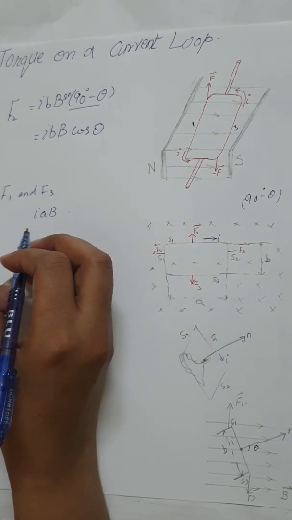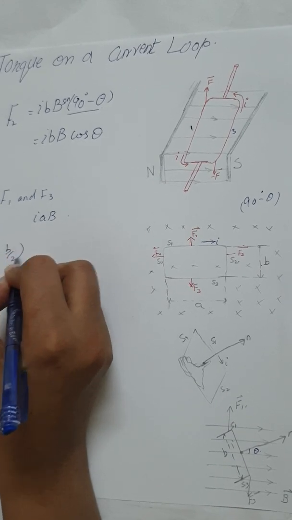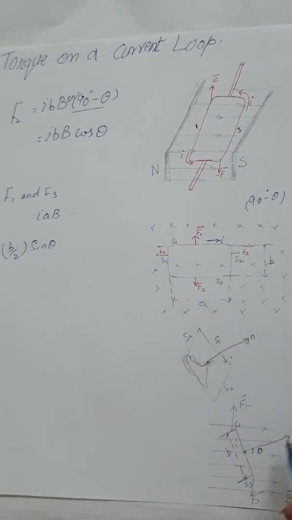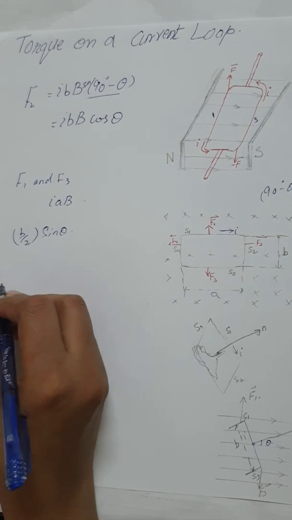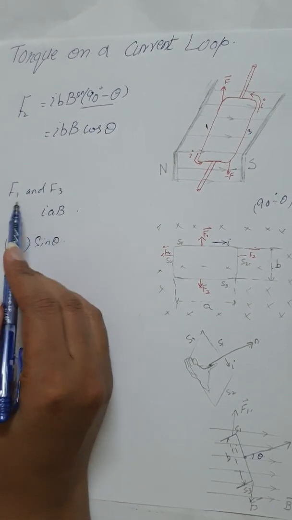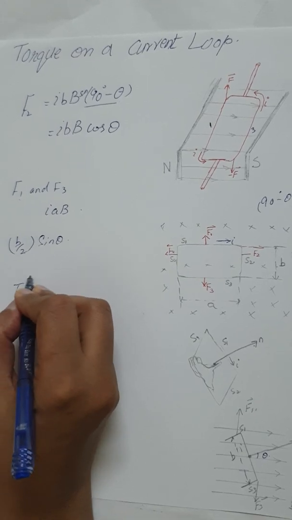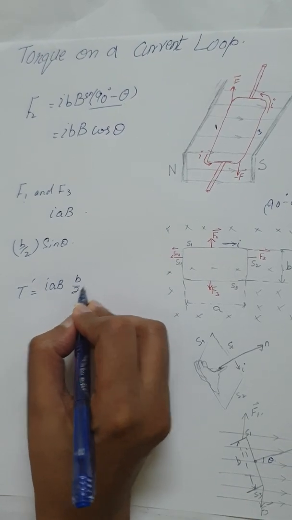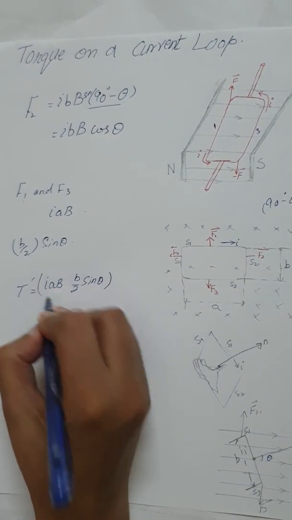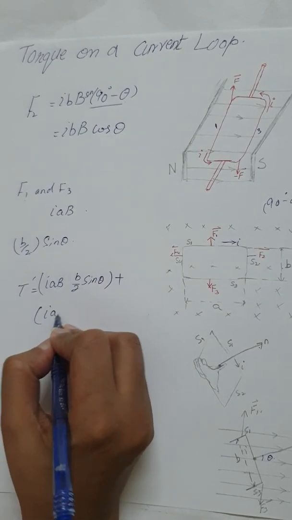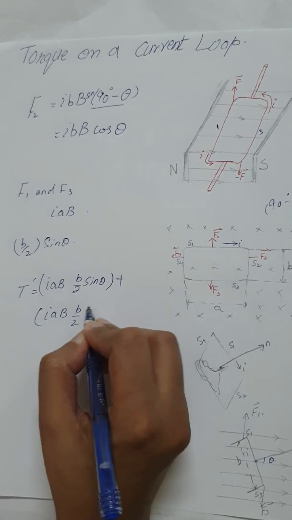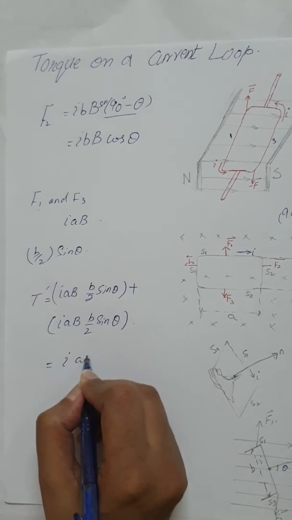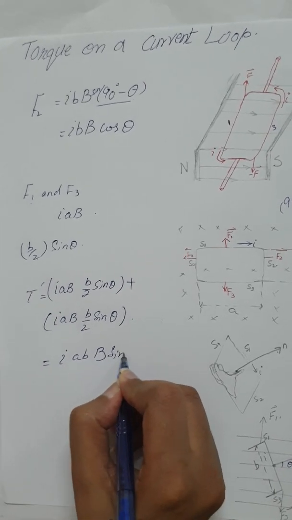The torque has moment arm B by 2 sine theta about the central axis of the loop, and the magnitude of the torque due to F1 and F3 would be IAB by 2 sine theta plus IAB by 2 sine theta, and this becomes IAB sine theta.